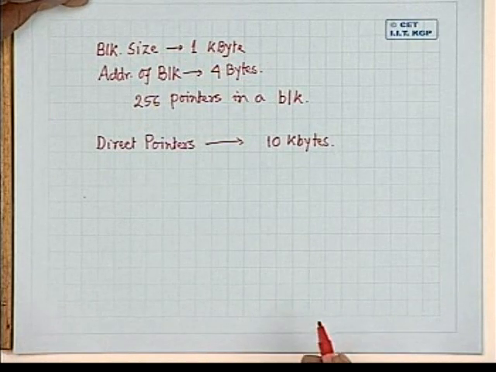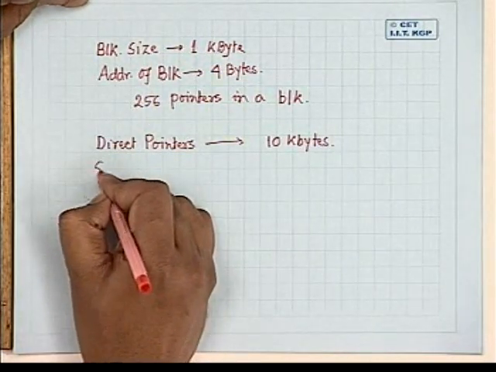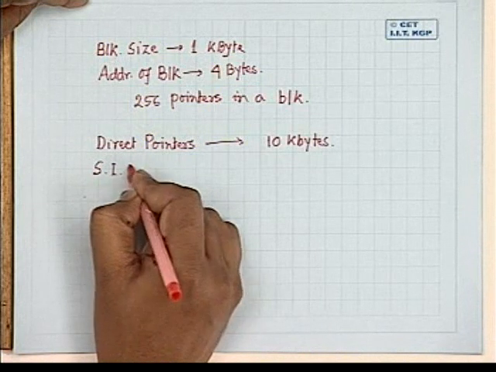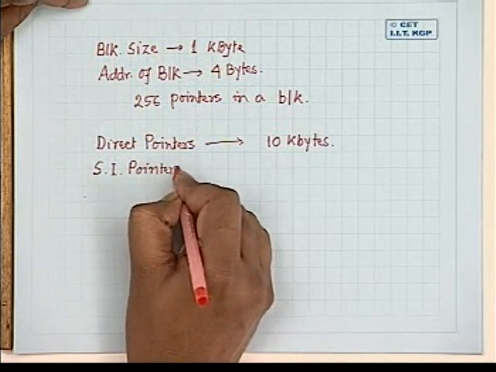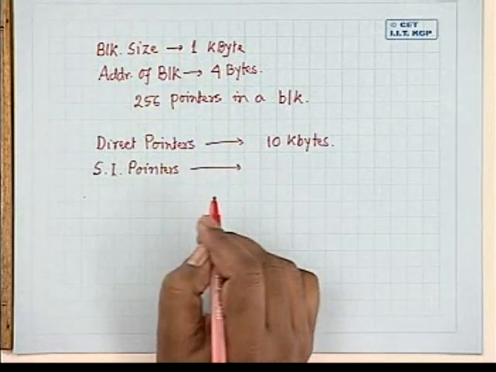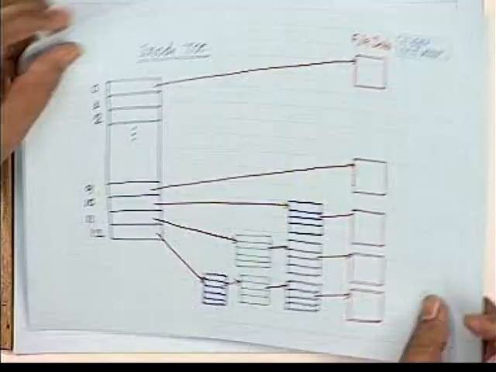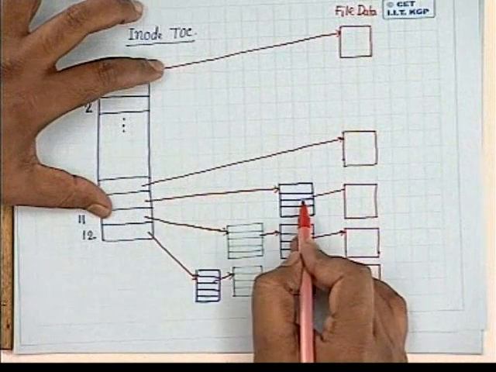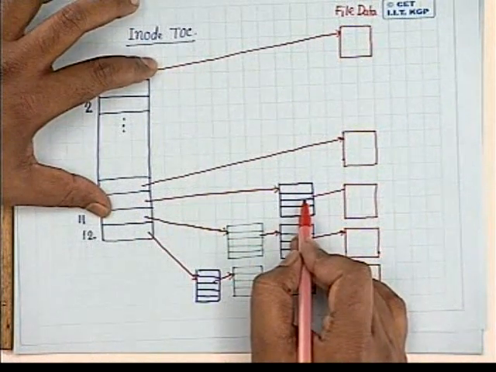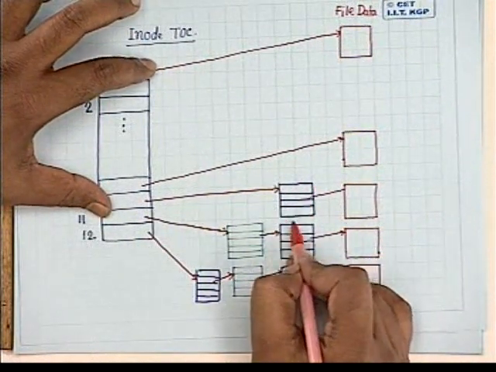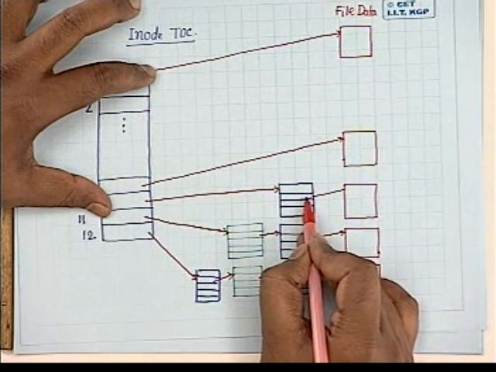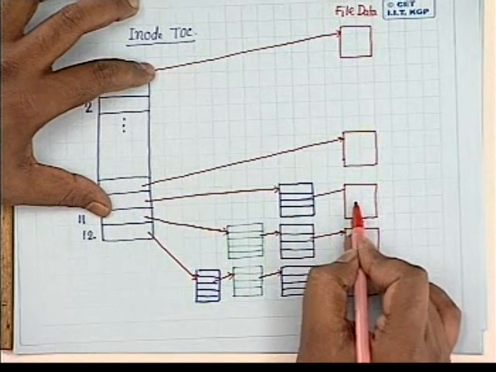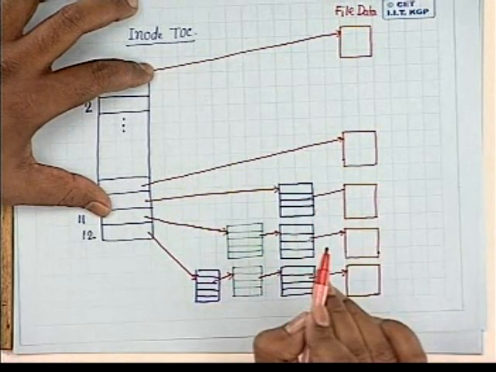Then following single indirect pointers, a single indirect pointer points to a block which contains the set of pointers. In this case, I can have 256 pointers. Using 256 pointers, I can point to 256 blocks which will contain the file data.